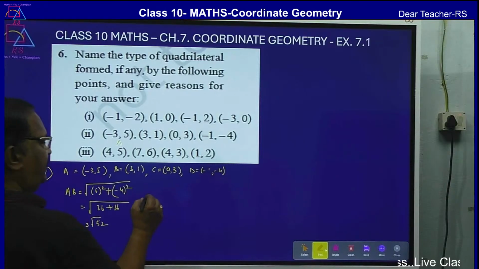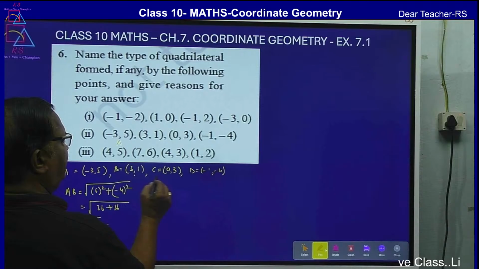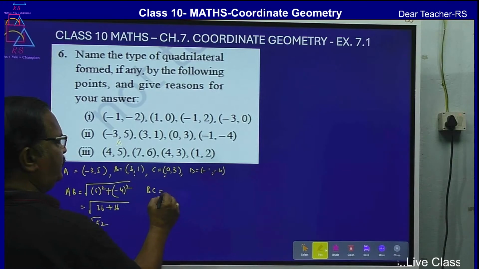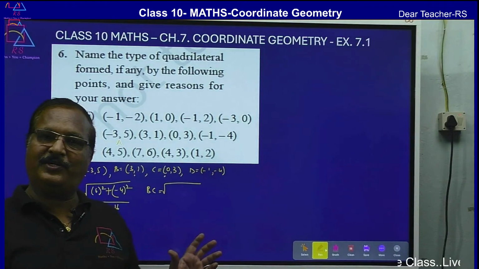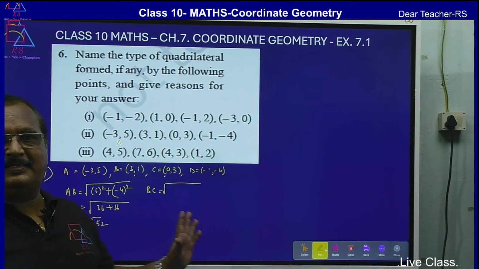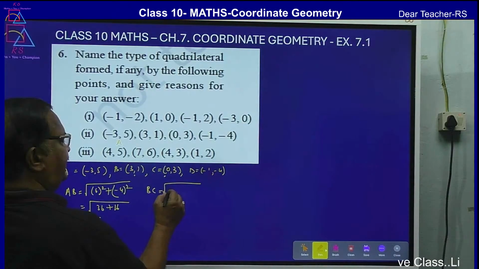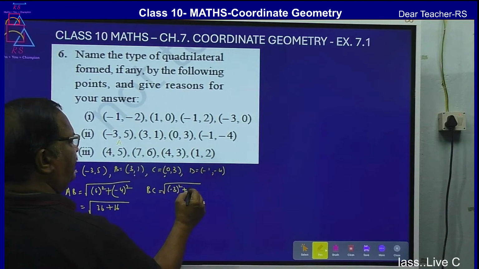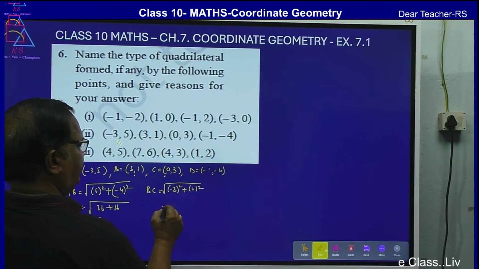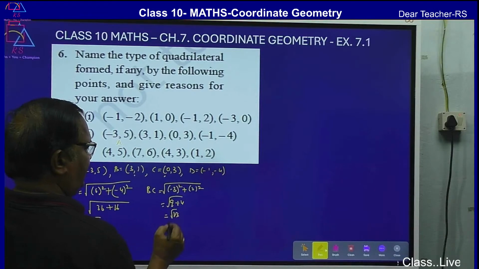Let us find out BC. BC means this and these two. So square root. In the examination, I want you to write the formula separately: formula used in the following. So 0 minus 3, it is equal to -3 whole square, 3 minus 1, which is 2 whole square, is equal to 9 plus 4, which is equal to root 13.